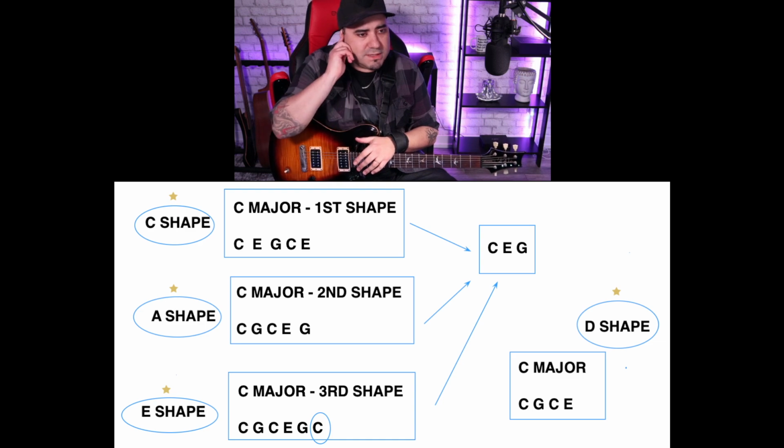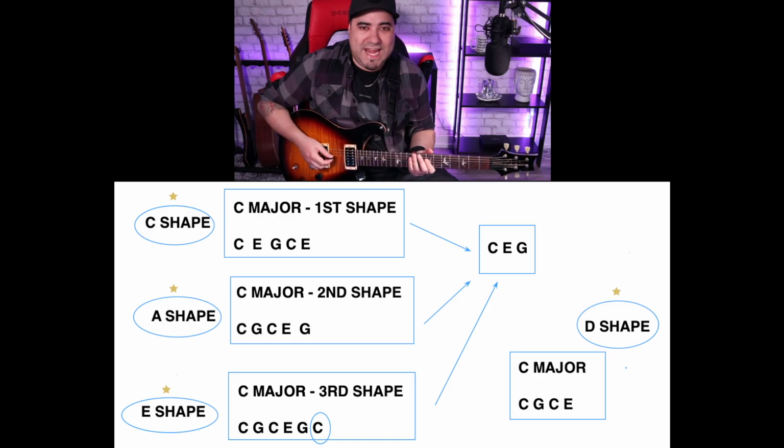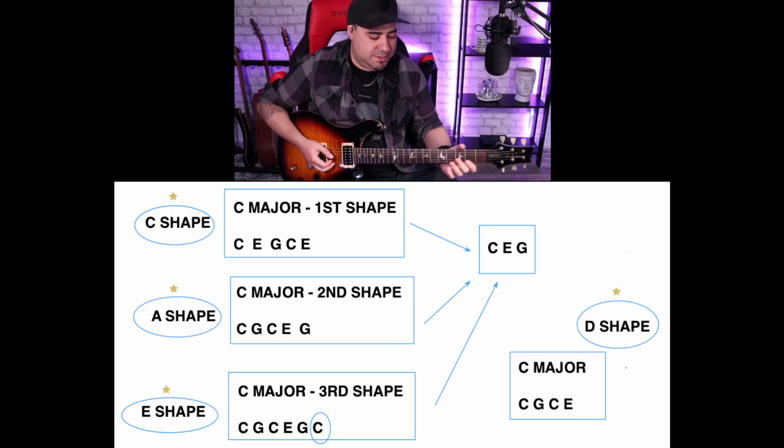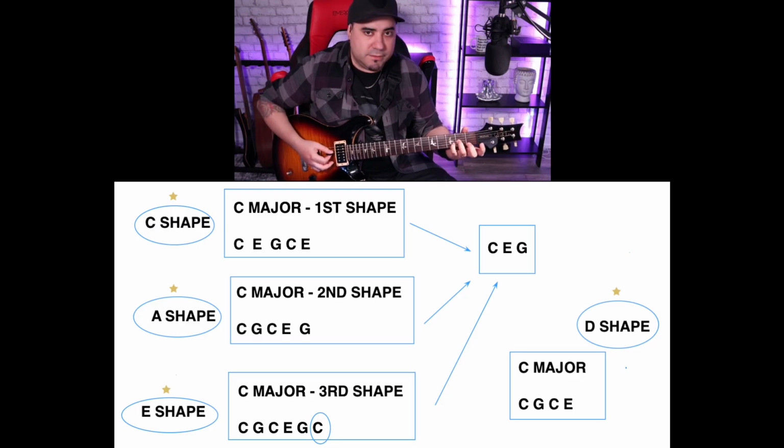Another minor chord that is very useful, and I play this chord frequently, is the A minor based on the D minor shape. That's the D minor shape. Same technique we will apply here. Replace the fingers and have your finger one out of the fretboard.